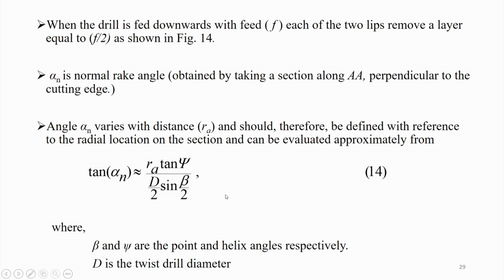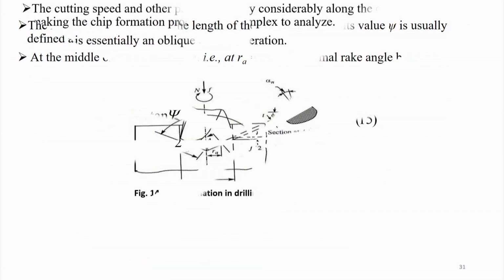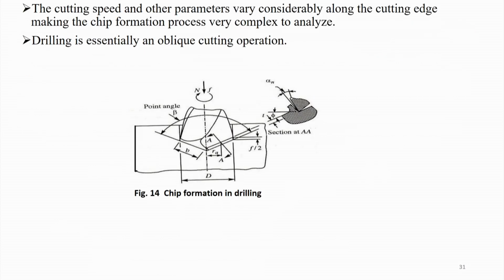When the drill is fed downwards with feed f, each of the two lips removes a layer equal to f by 2, as shown in figure 14. That means there are two lips, so each shares f by 2.